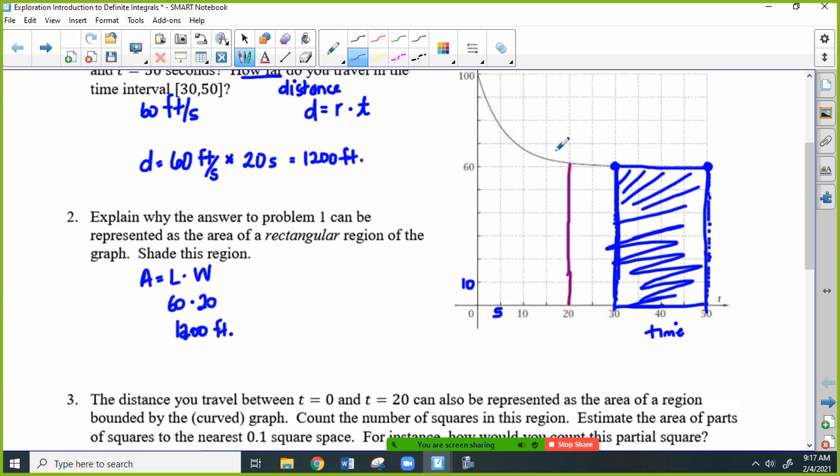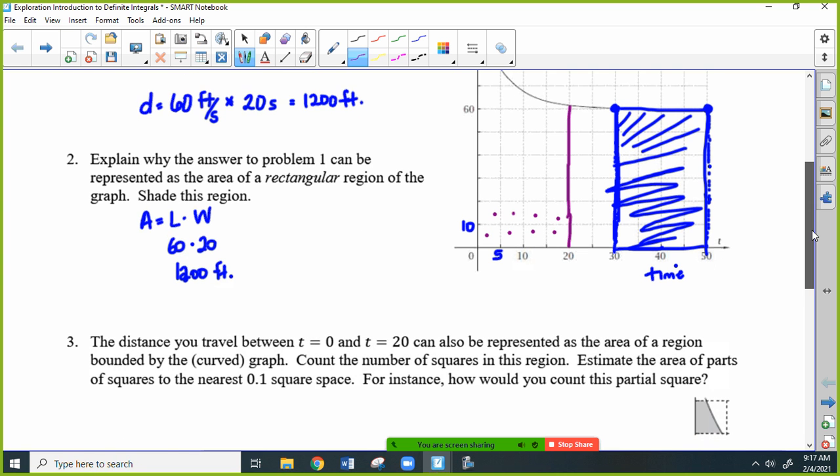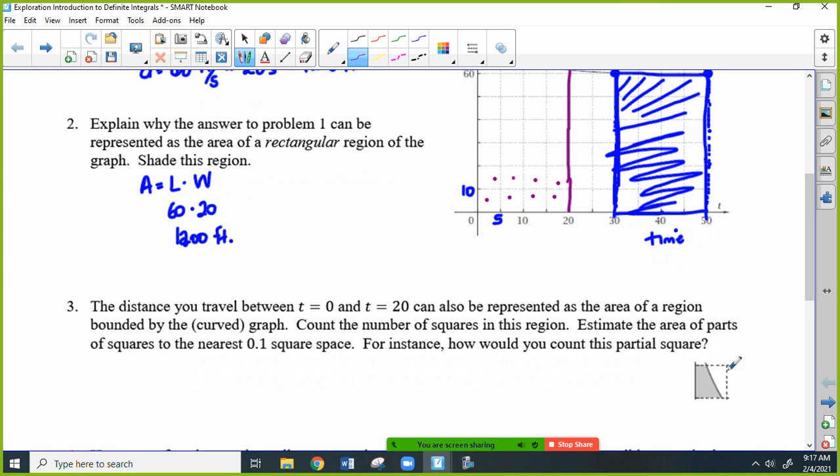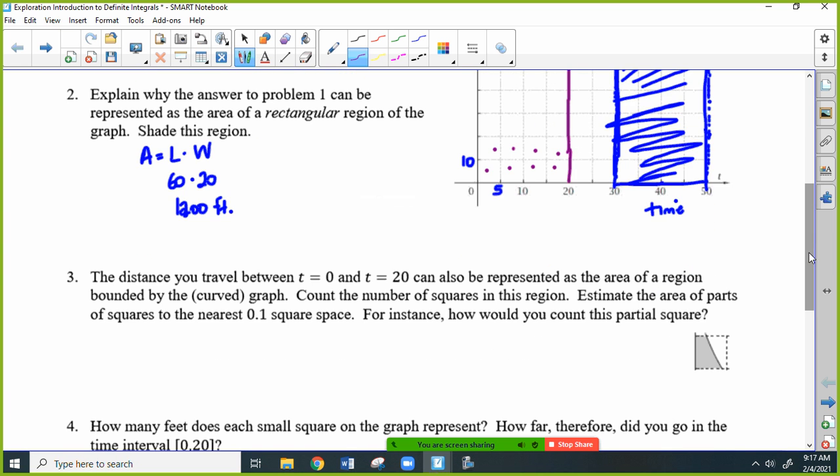What I want you to do right now is literally count the squares in this region. When you get to the pieces that are not whole squares, you're going to estimate the parts to the nearest tenth of a square. So if you see one like this, where the shaded region represents the part under the curve, these little pieces that aren't full blocks, you're going to estimate them in terms of tenths.